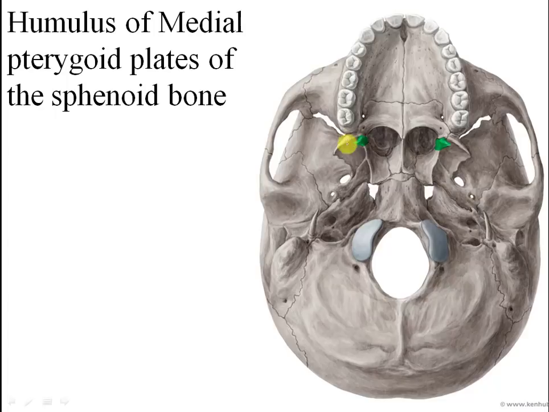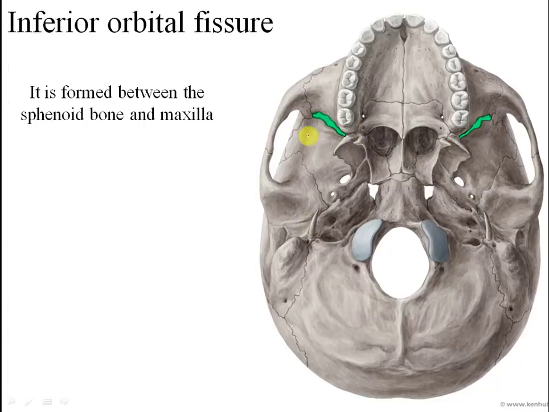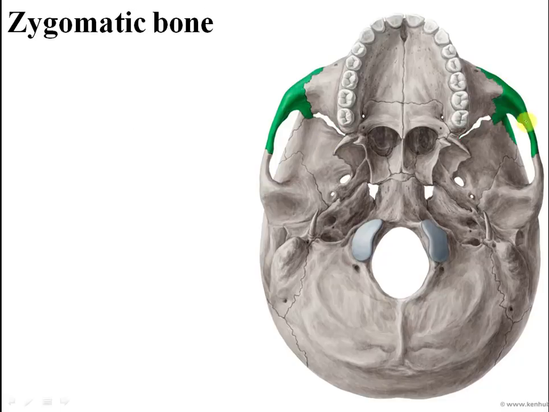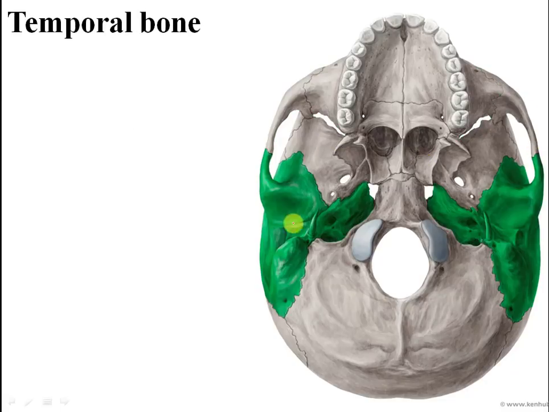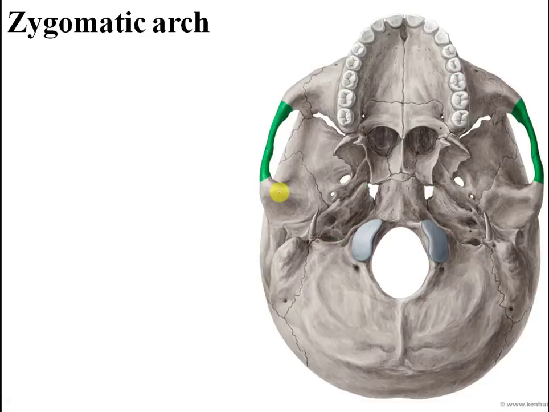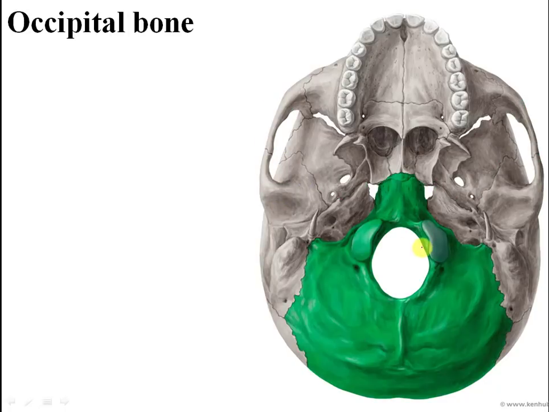This is called the hamulus of the medial pterygoid plate. Also from this aspect, we can view the inferior orbital fissure. It's located between the maxilla and the greater wing of sphenoid, the zygomatic bone, the temporal bone, the zygomatic arch, and the occipital bone.